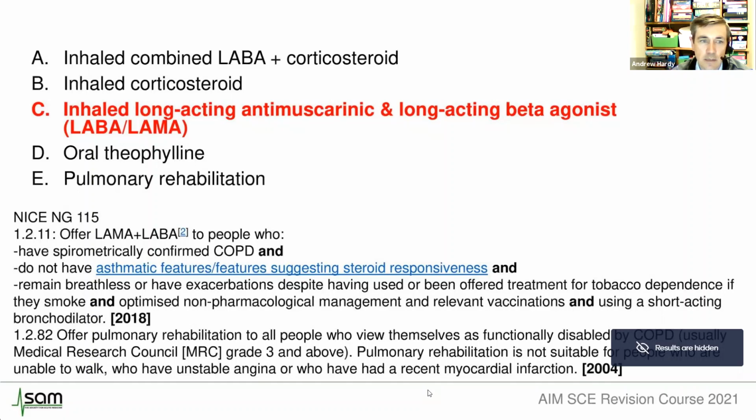So that's things like, you might be aware of Anoro, Ultibro, Duaklir, those sorts of things. Inhaled corticosteroid on its own, we would generally only use in asthma, and in fact it's going out of favor in asthma as well these days, so that's not really an option.